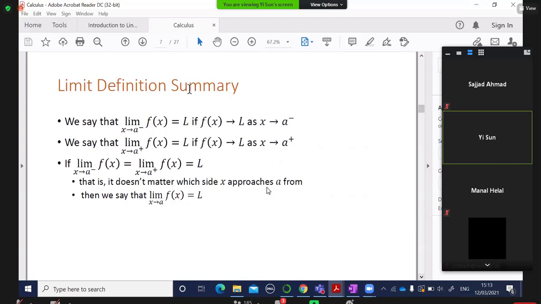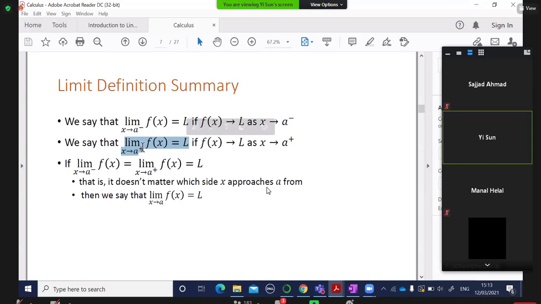So, limit definition summary. Here, the whole thing is called the left-hand limit of f at a. This one here is called the right-hand limit of this function at a.